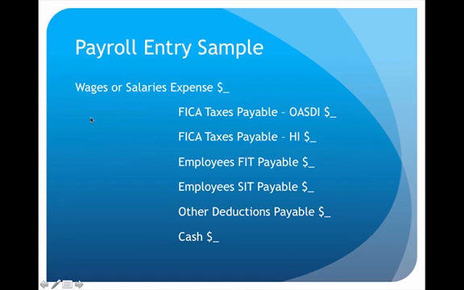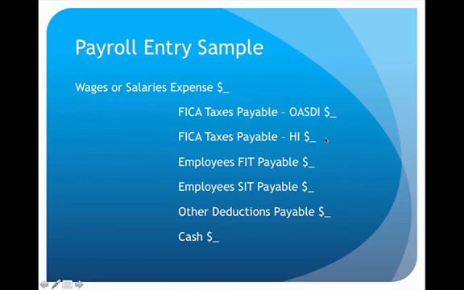But first of all, you would have a debit, and it would be either to wages or possibly salaries expense. And that debit would be for the grand total. That number would also correspond with the gross pay. Then all the way down here at the end, you would have a credit, and that would be a credit to cash, and the total that you see there would correspond to the net pay.